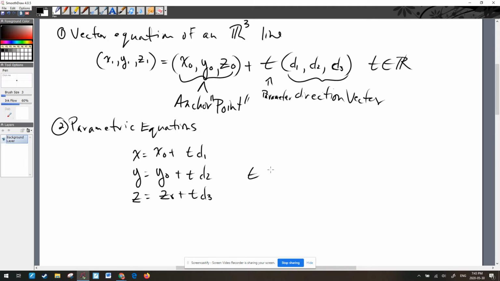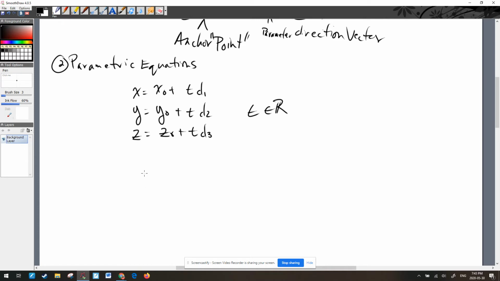And again, we still have t as a member of the reals. So, nothing really fancy here. It's the same as what we did before. And then if you recall what we did in our two lines, it's going to be the same thing here again. We're going to talk about the symmetric equations.